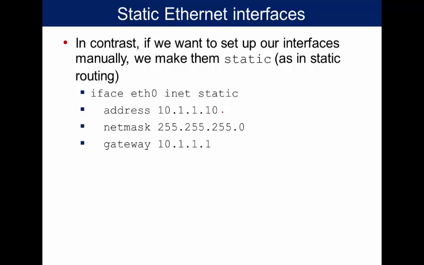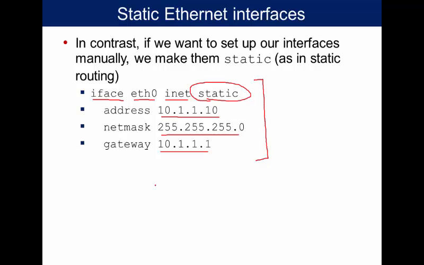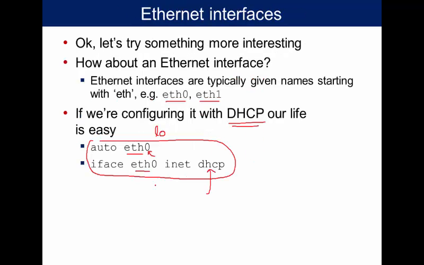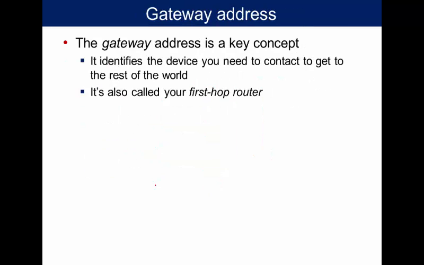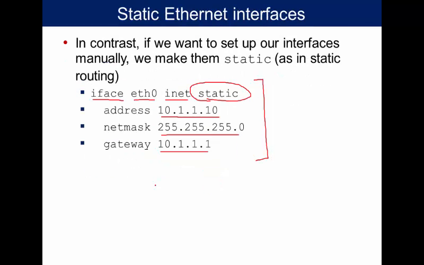If you have a static IP address, then you could do iface eth0 inet static, not dynamic. And then you need to specify the address, 10.1.1.10, netmask is this, and gateway 10.1.1.1, right? This is different from that. Okay, that is the interface configuration.